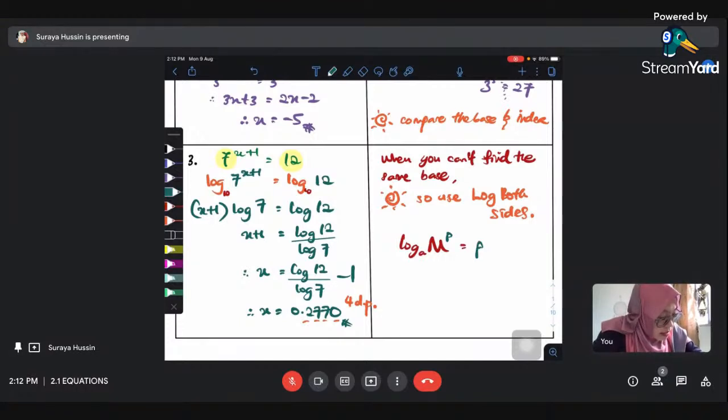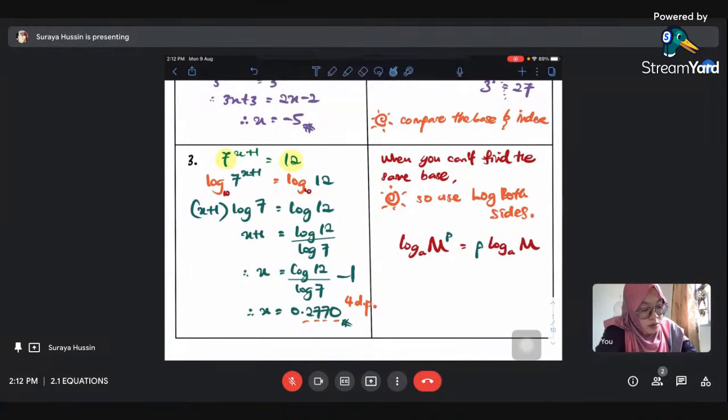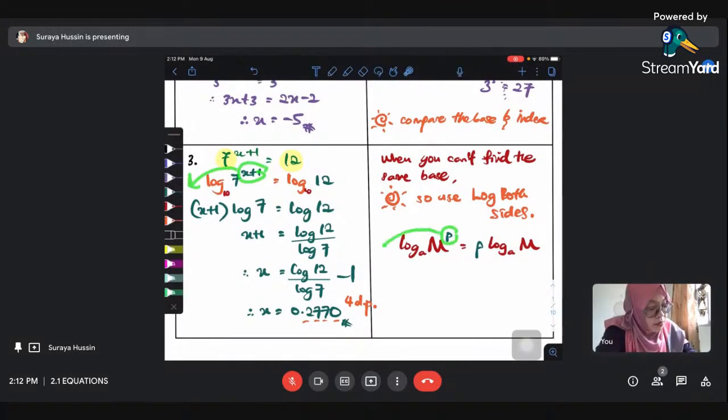Therefore the rest of it saya tinggal salin saja. P times log base A of M. This is the formula that I'm using untuk power bring it down. This is what I'm applying. Power bring it down, so P is in front, the rest of it salin sahaja. Is it so far so good? Boleh ke?